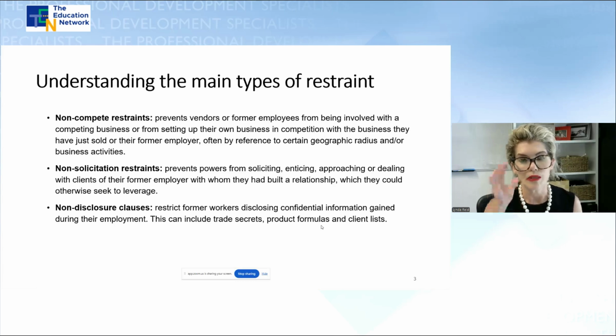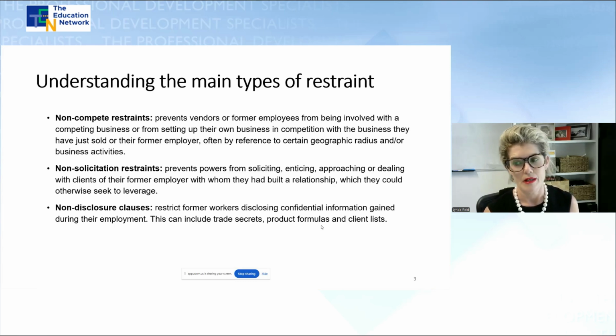And then we'll have a look at non-disclosure clauses. So the things that would restrict particularly former workers, but also sometimes, a lot of the time actually, former owners from disclosing confidential information to somebody who could use it to their advantage in competition with the former business. And this can include, it doesn't actually have to necessarily be intellectual property from the perspective of a legal protectable right.